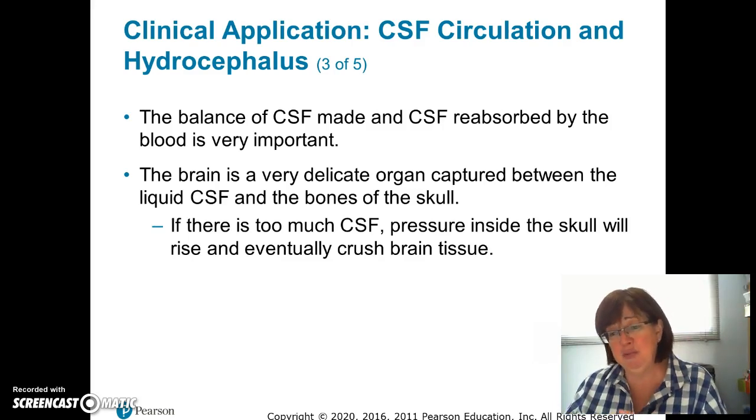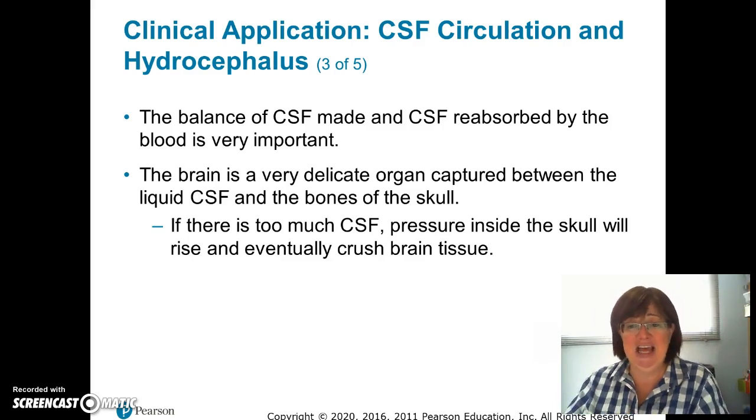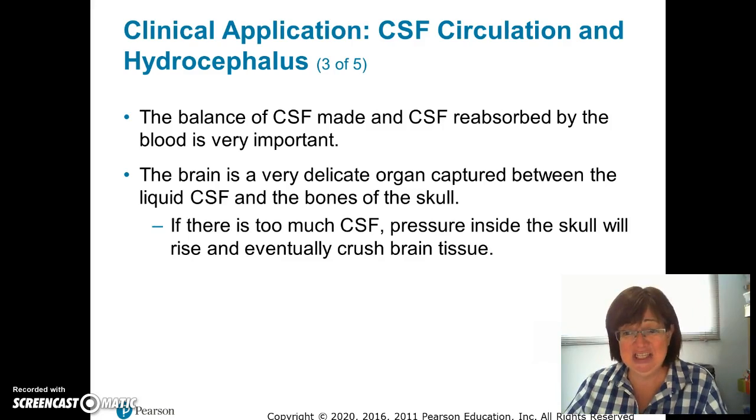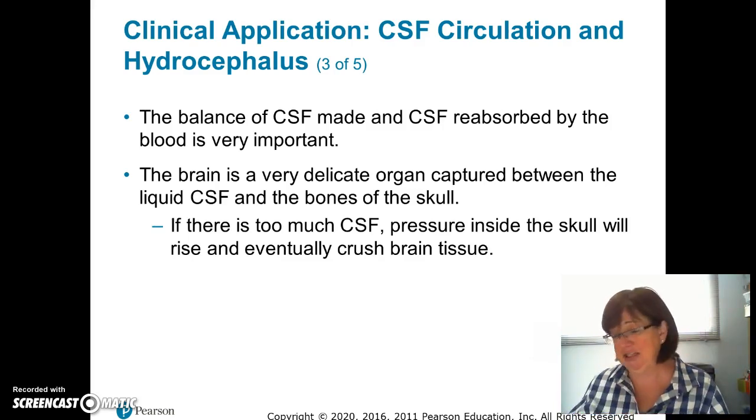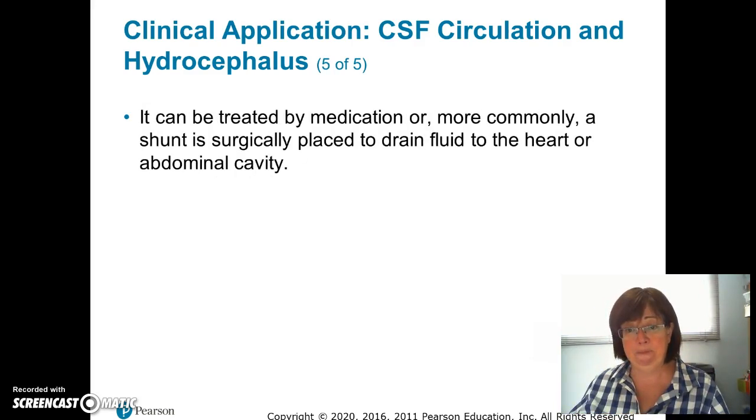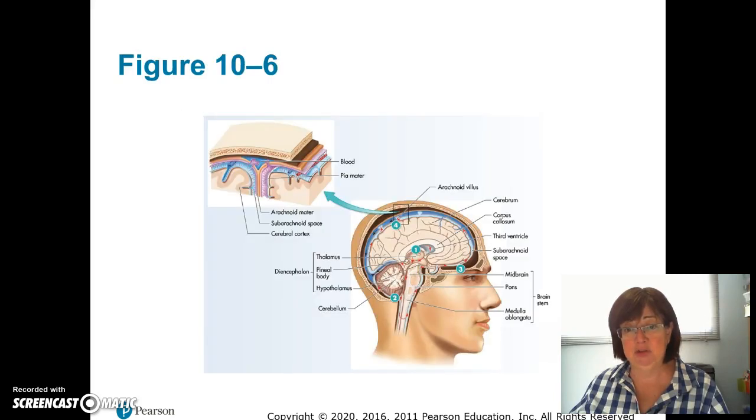So it's a reabsorption and a balance. Since the brain is very delicate, the cerebrospinal fluid will cushion the brain. It also makes the brain like it's floating in fluid, so anytime there's a concussion or a hit, the brain will jostle in this fluid. There is the cerebrospinal fluid.